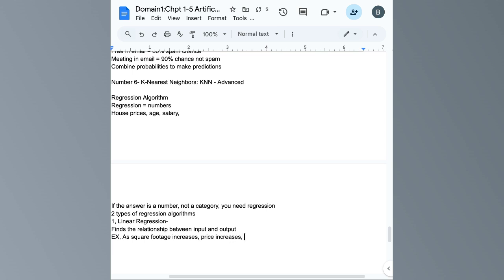For example, a 500 square foot house would cost less than a 750 square foot house. That would be considered linear regression. The line shows the relationship and lets you predict prices for new houses. Linear regression is the most widely used regression algorithm.